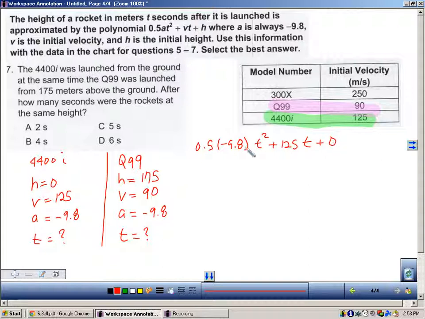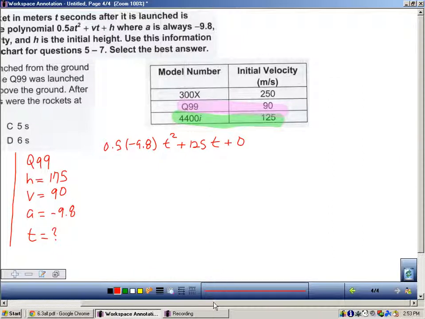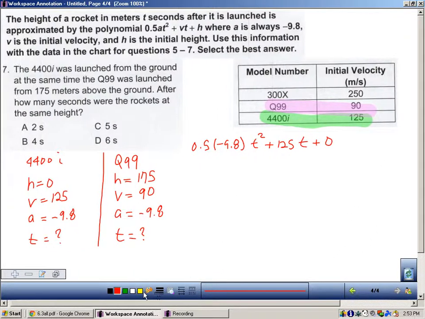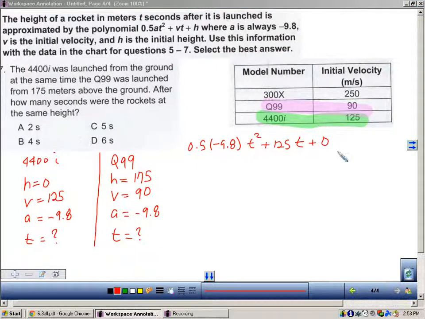And then the other rocket will be on this side here. And we're setting them equal to each other since we are saying that the heights have to be equal. Remember, this formula gives you the height. And so we're saying that the height of the 4400i is going to equal the height of the Q99, which is this expression.